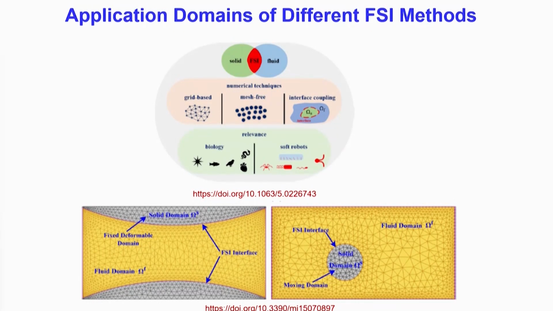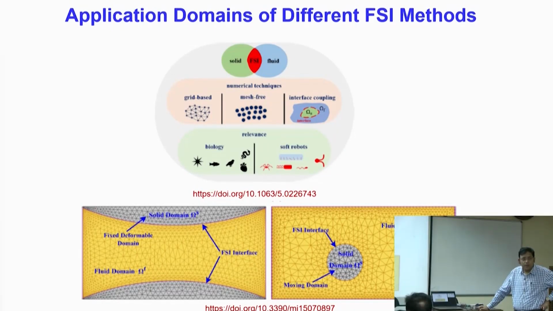You can also have mesh free methods, that means you just have points to represent the domain, but no mesh as such. And you also have interface coupling, that means you have a fluid and a solid, and you do not care about what is inside the fluid domain and inside the solid domain, you primarily look into the interface to create the coupling and focus on the interface.